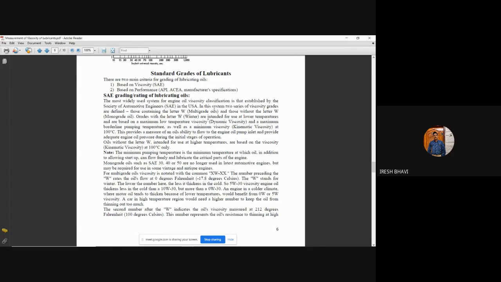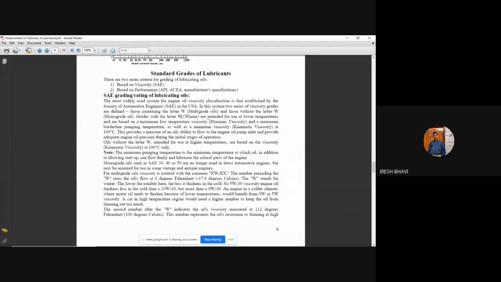Suppose you are using a lubricating oil having only a summer grade, say SAE 30. And suppose you are driving this car to Delhi. If you go to Delhi, then you have to change the lubricating oil.